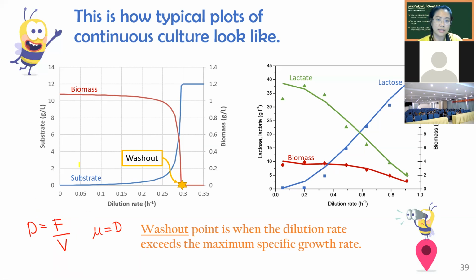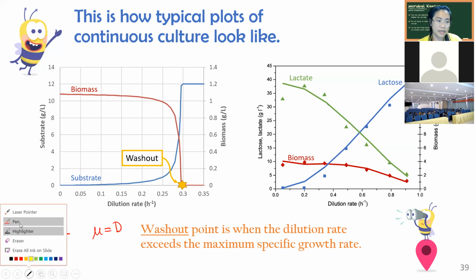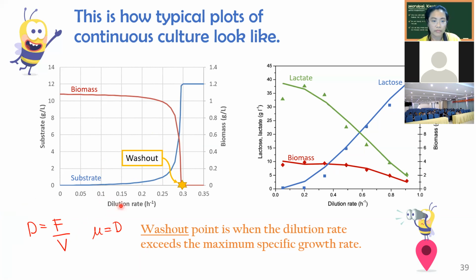Another thing that I should write here is that in continuous culture, mu equals D. So what you see in this graph is the increase in dilution rate. That means that at each point when the steady state is reached, the cell growth rate increases toward the right-hand side of the graph.